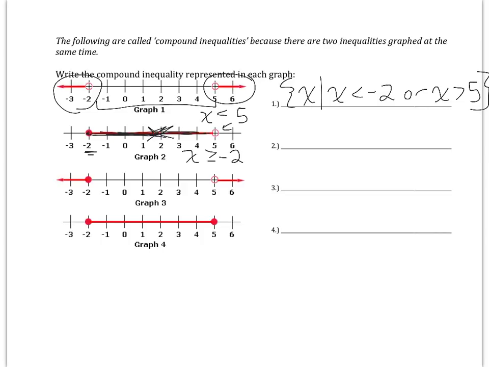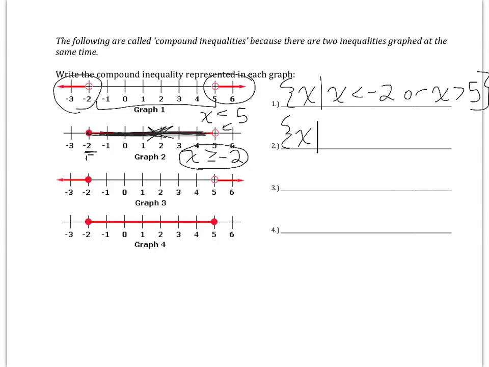Now, because they're going into each other, we can do a combined notation. I call it an in-between notation, because basically, isn't x in between -2 and +5? Well, let me show you what this is going to look like. So I'm going to start by writing x such that, and we're not going to start with x, we're going to start with -2. So imagine if I took this inequality and I flipped it.